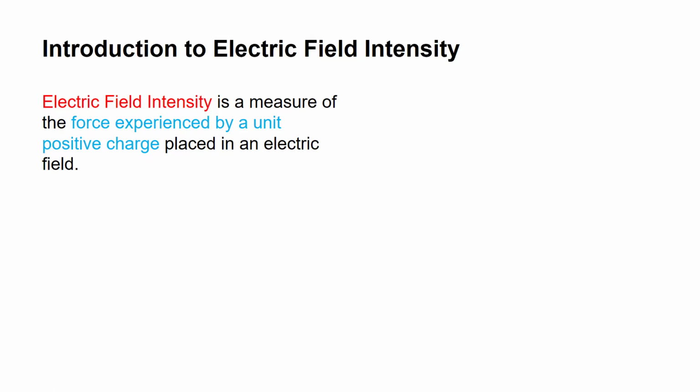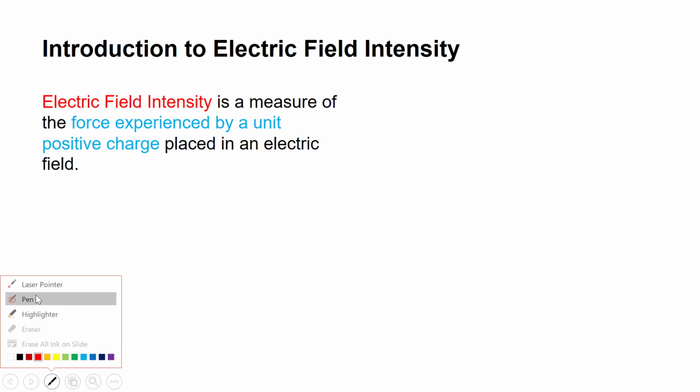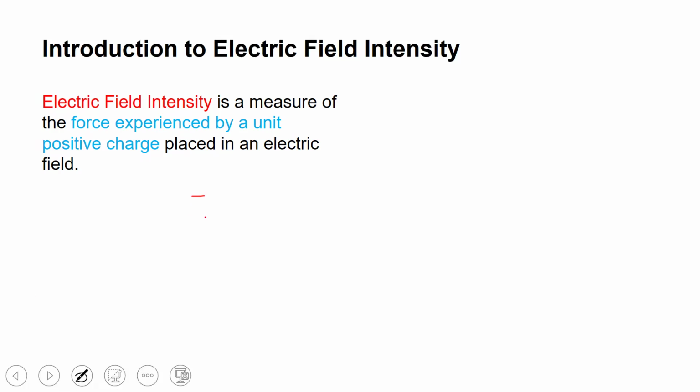As we can see from the definition, electric field intensity is represented as capital letter E, and is described as a force, that is F, divided by positive charge, that is Q.